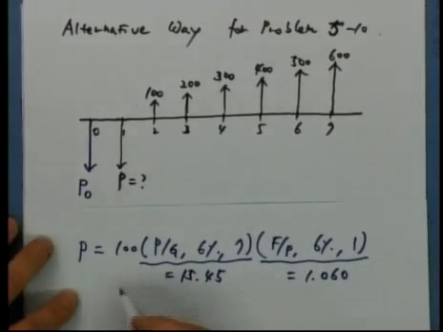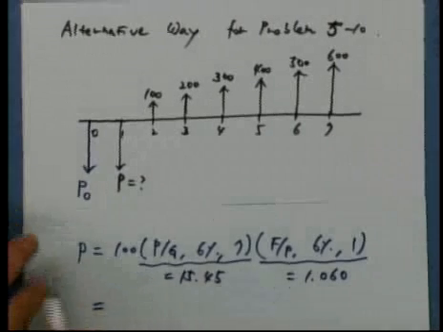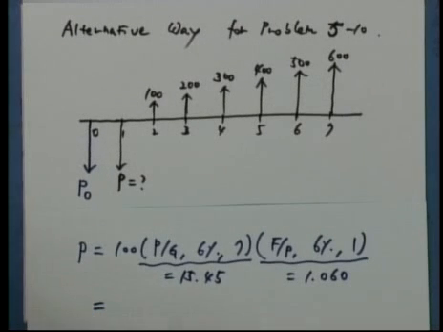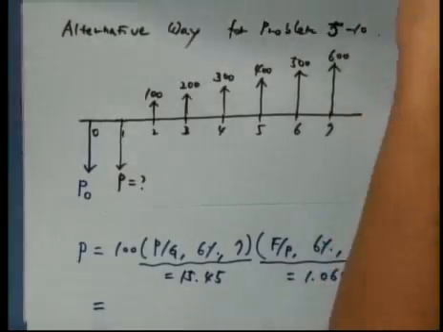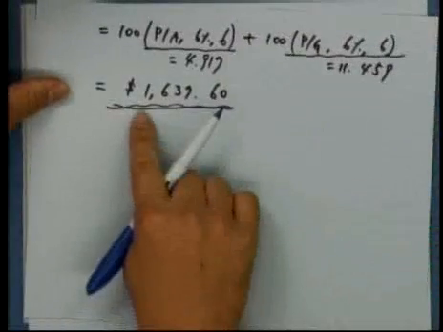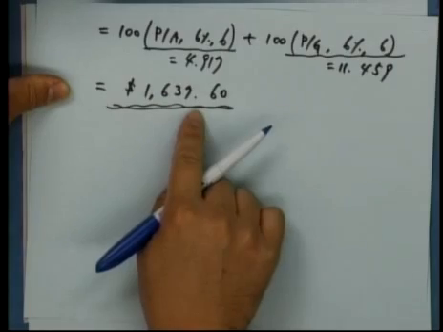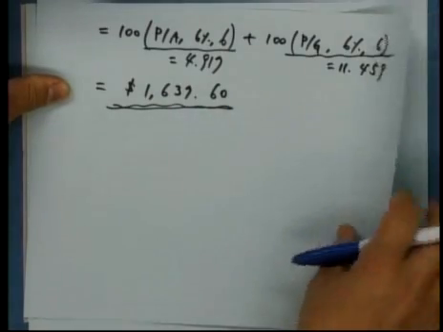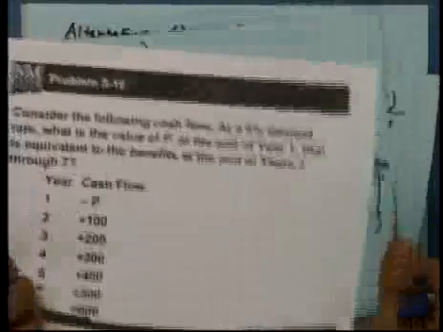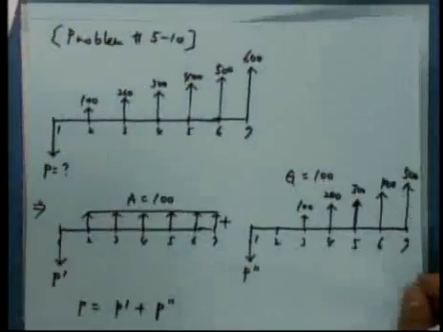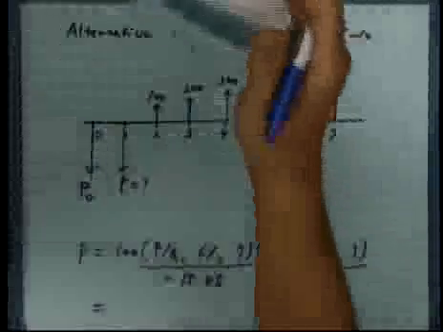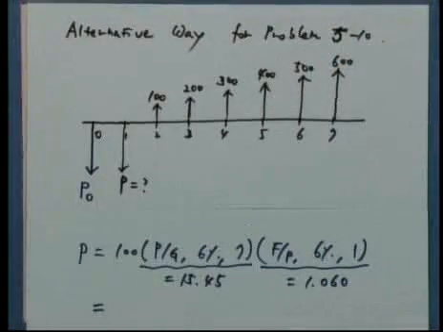Okay. So how much is this? It's got to be very close to $1,637.60 that we've got from the first method. Okay.